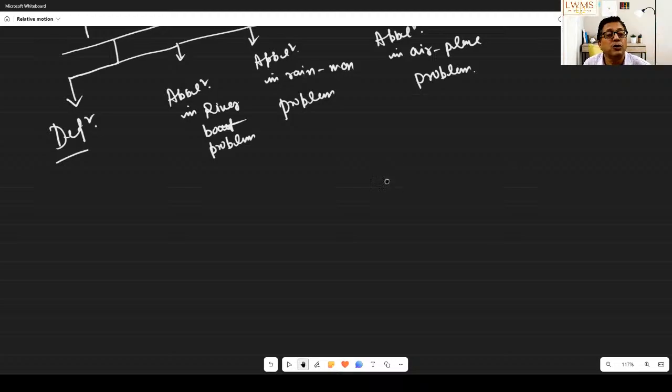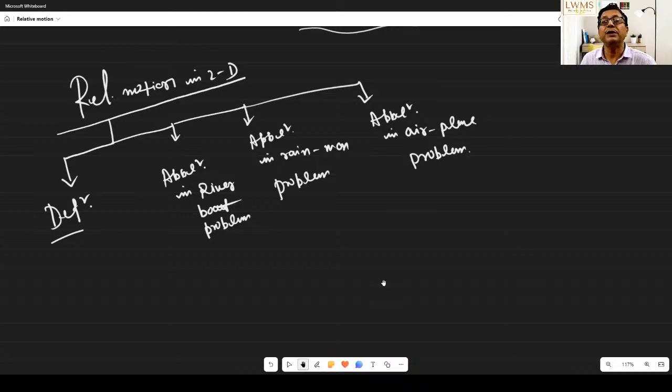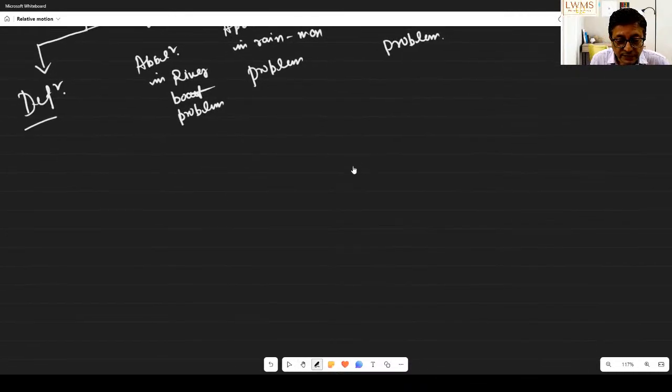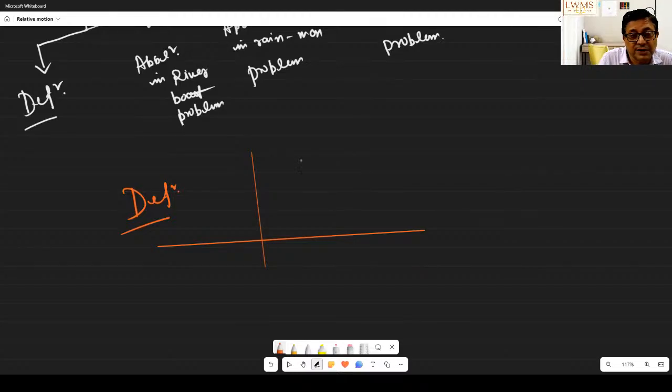Okay. So let us do one by one. Definition first. Relative motion in 2D. What I told you, in case of 2D, we will be just replacing all those by vectors. In case of motion in 2D, what is the displacement vector?